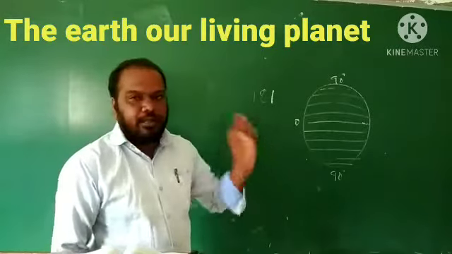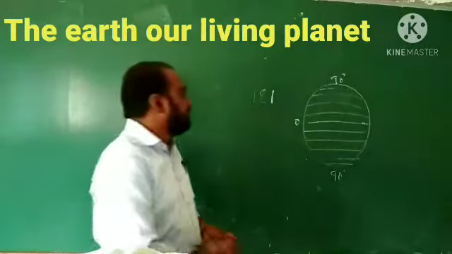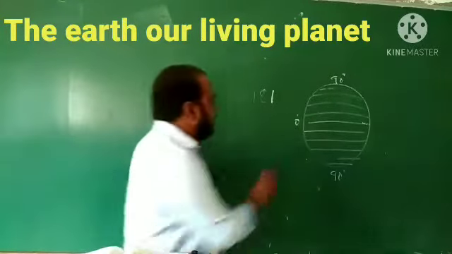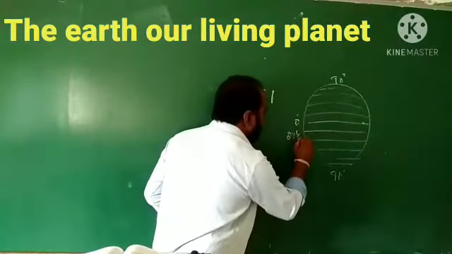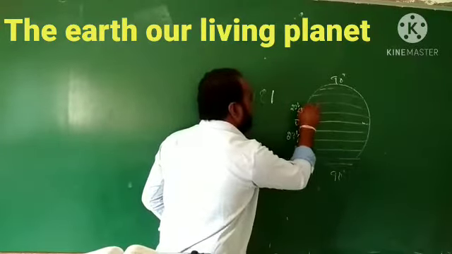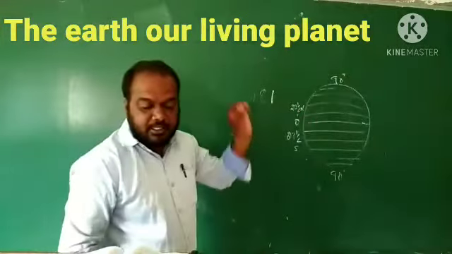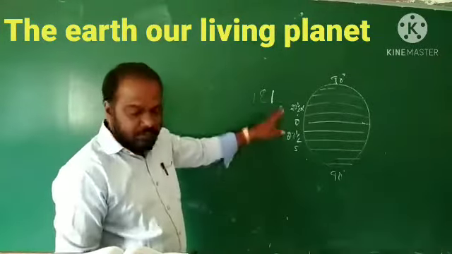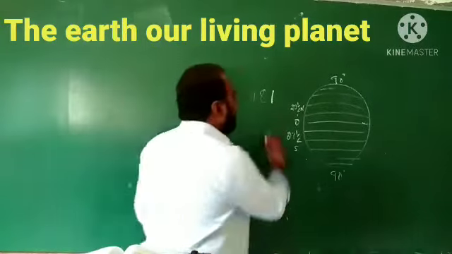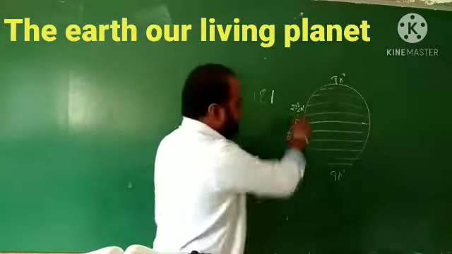Next, important latitudes. The first one is the 0 degree latitude. Next, 23 and a half south and 23 and a half north latitudes. This is very important. The 23 and a half north latitude is called the Tropic of Cancer.